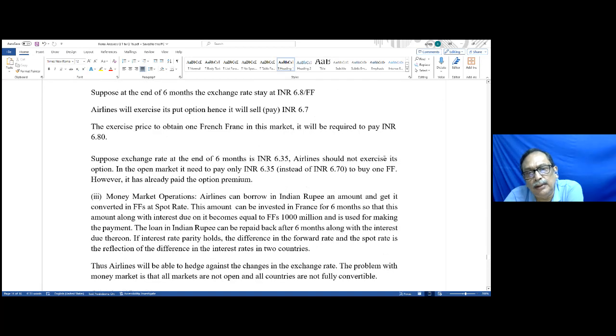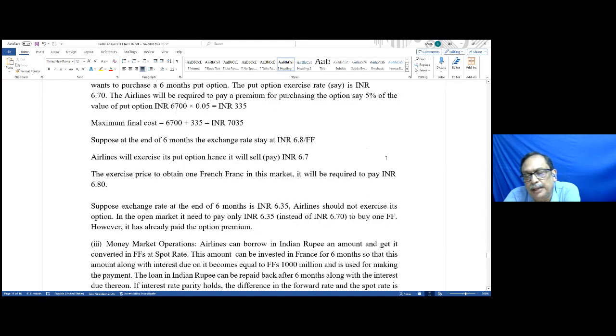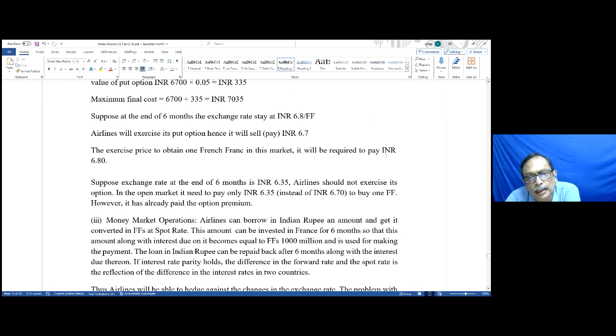Suppose the exchange rate at the end of 6 months is INR 6.35. Airlines should not exercise this option. In the open market, it needs to pay only INR 6.35 instead of INR 6.70 to buy 1 FF. But option premium that is actually being paid, it is paid and it is a dead loss.